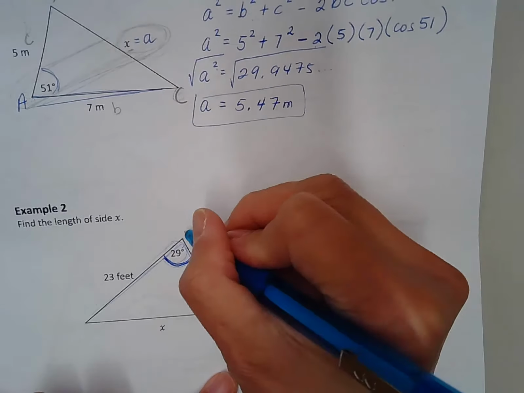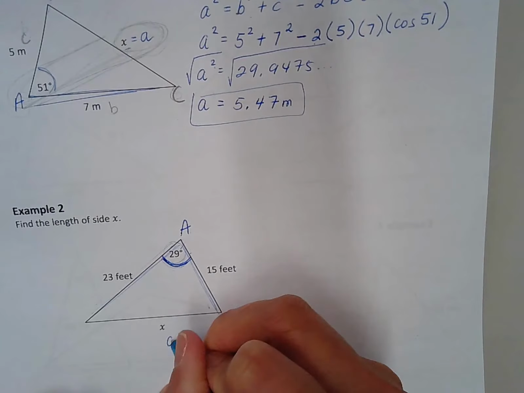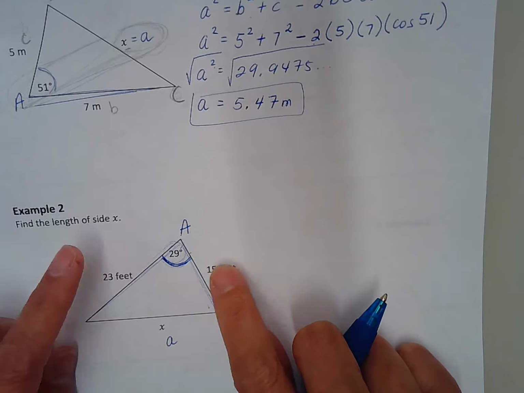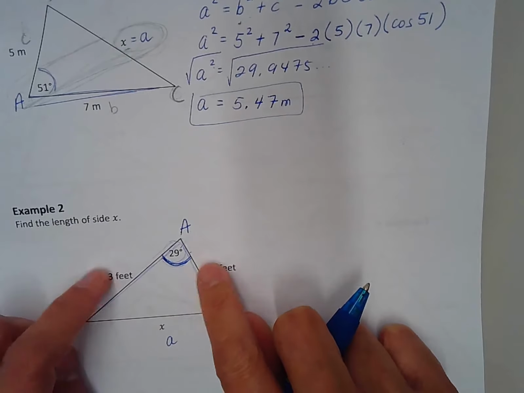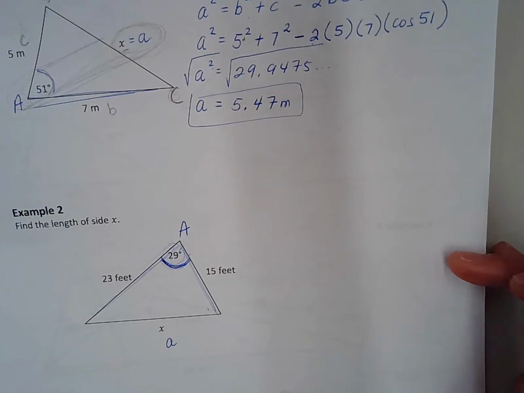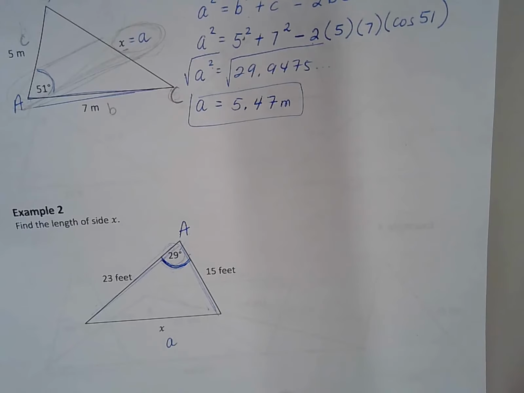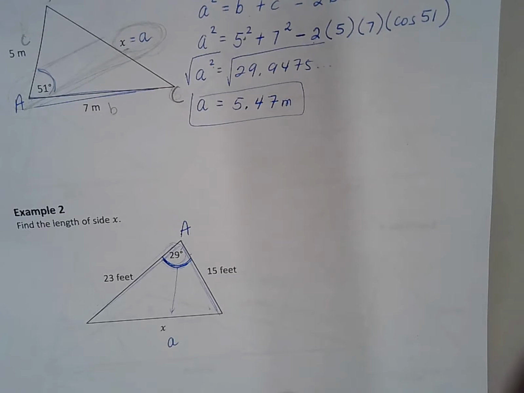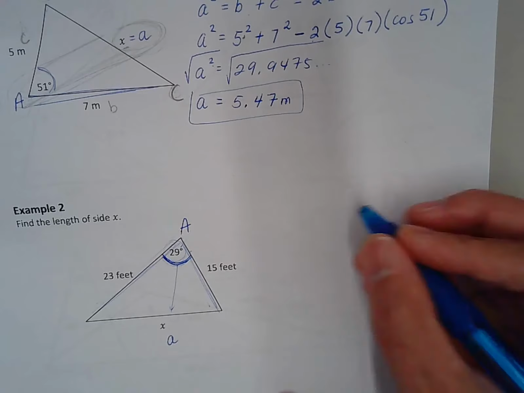So this is going to be your A, and this is your little a. It doesn't matter if this is B or C, right? They can be interchanged. The A is wherever the given angle is.